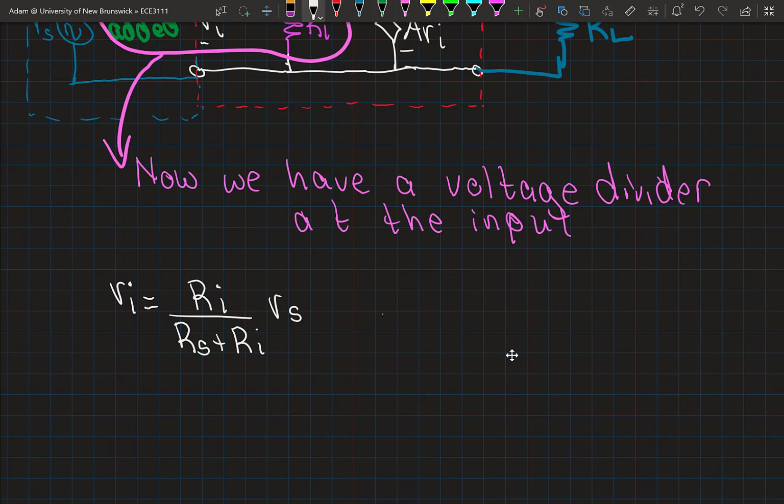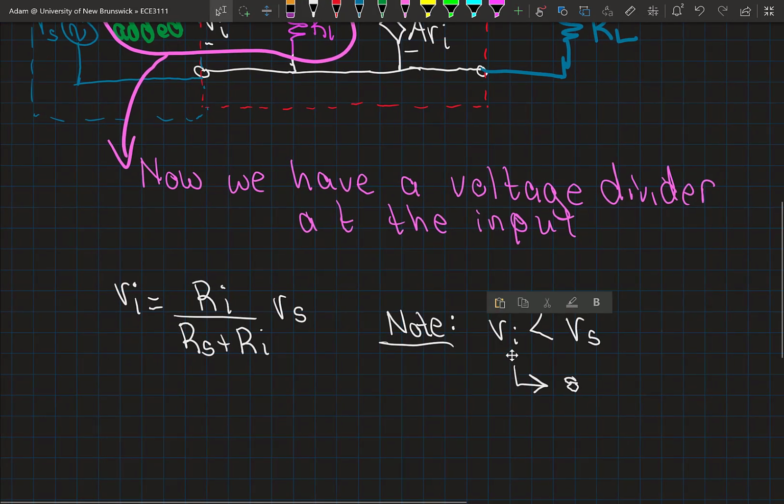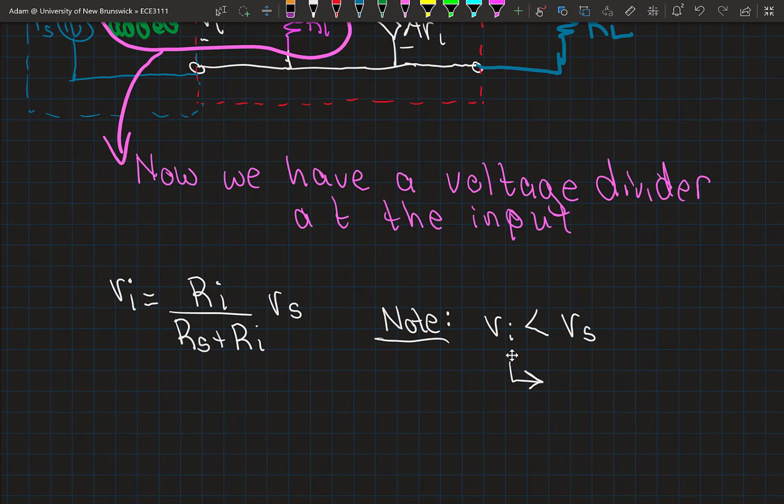One thing that you should note is due to this voltage divider, the input voltage here is always going to be less than the source voltage. We might say that my source voltage has been attenuated.